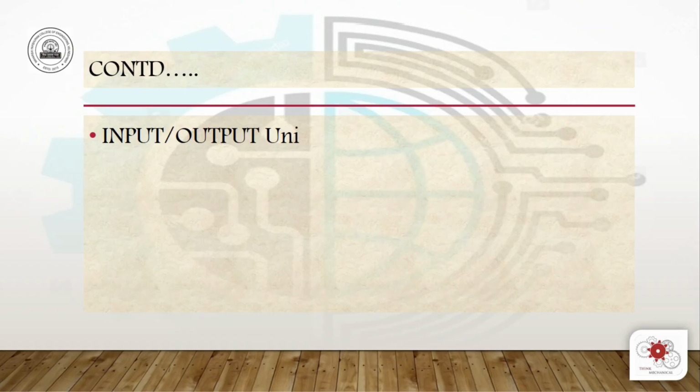Now what is meant by input and output device or units? Input and output units are nothing but devices which provide the interface between the system and the outside world. What does it mean?